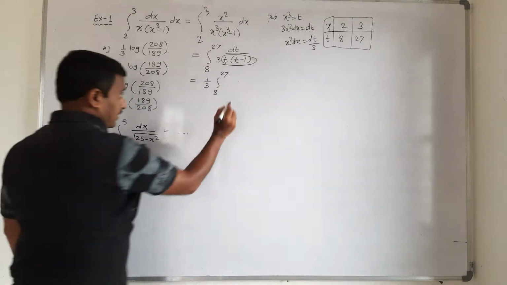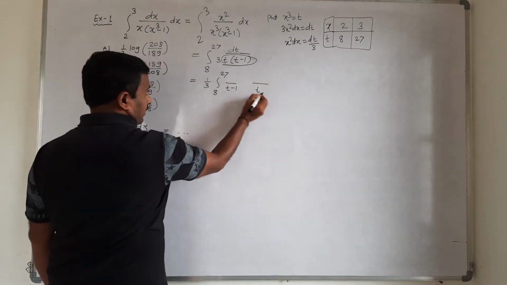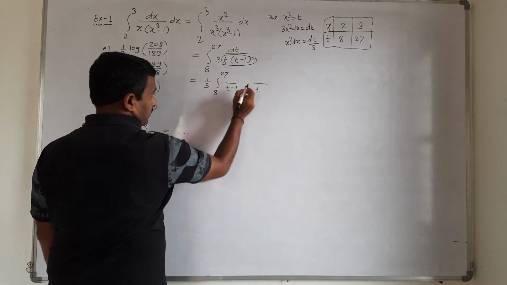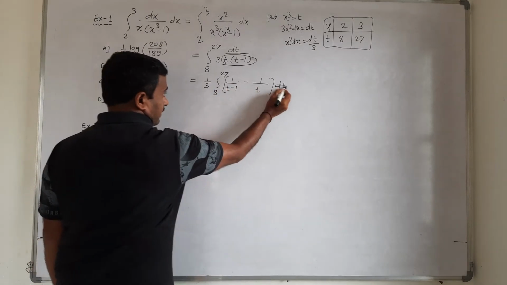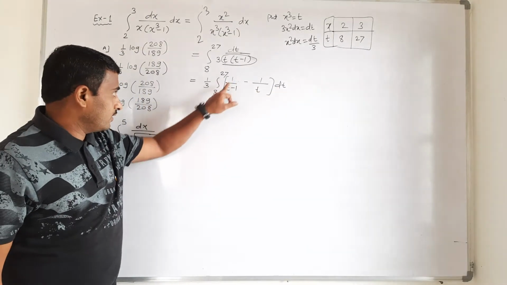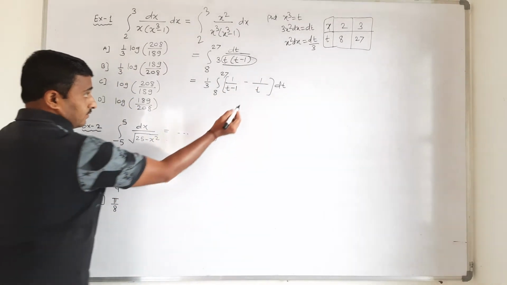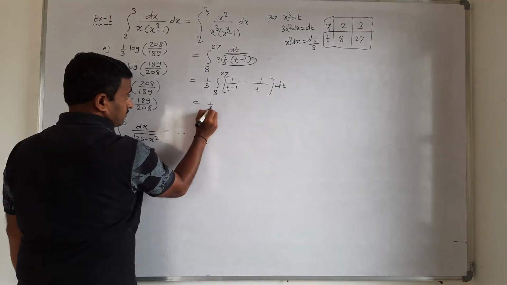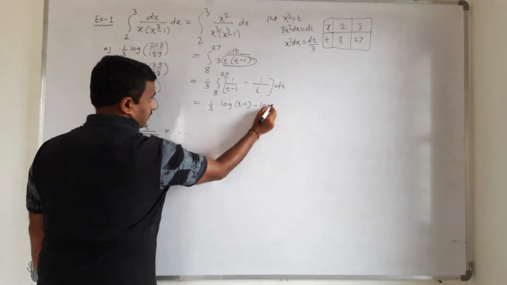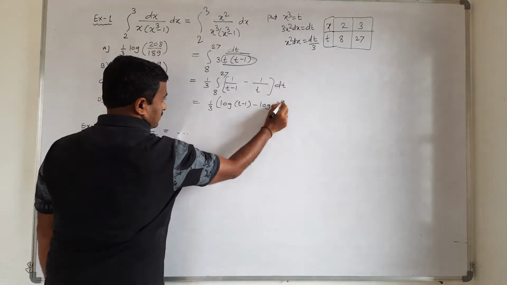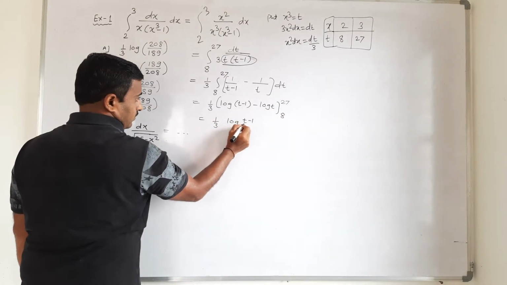Now I adjust this: t minus 1 then t, transferring, t minus (t minus 1), therefore 1. This is just the adjustment, dt. Cross multiplication again: t here minus t plus 1, then t cancels, the original is maintained. Then its integration is 1 by 3 log (t minus 1) minus log t, from 8 to 27, that is 1 by 3 log of (t minus 1) by t.